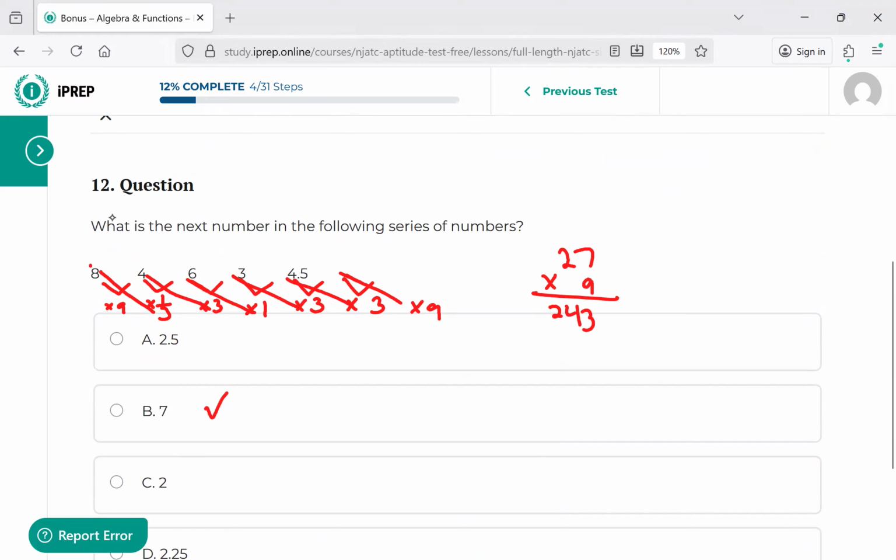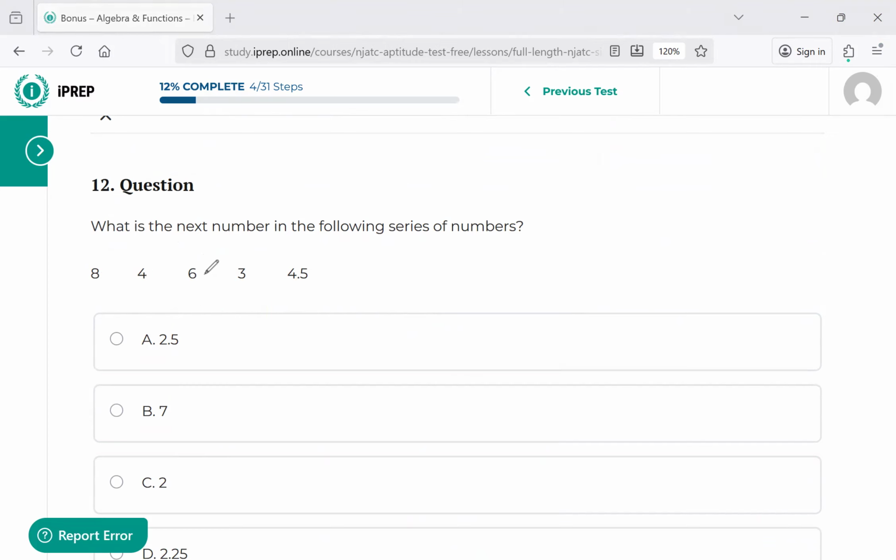Okay, next one. Number 12. We have 8, 4, 6, 3, 4.5. Which is the next number in the following series of numbers? Let's see if we can find a common difference.